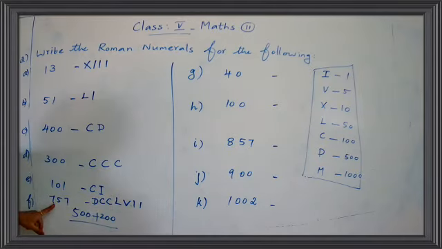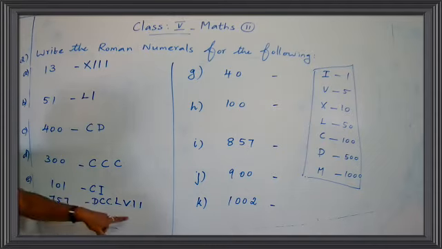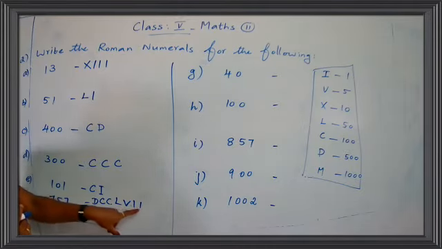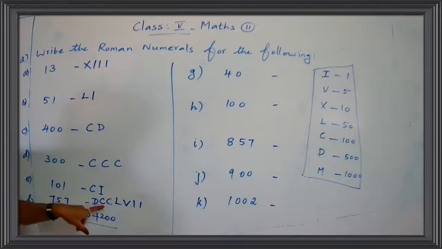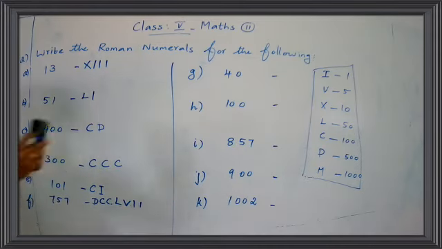So 700 is finished. Next 50, so L. How much is the remaining? 7, that is 5 plus 2. 5 stands for V, 2 stands for II. So your answer is DCCLVII. Okay, are you clear? Yes.